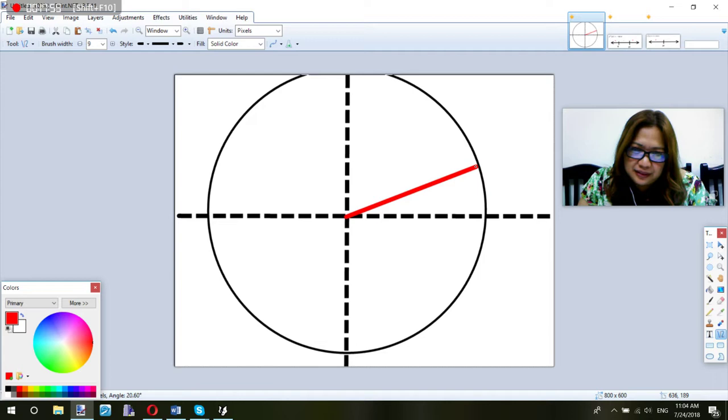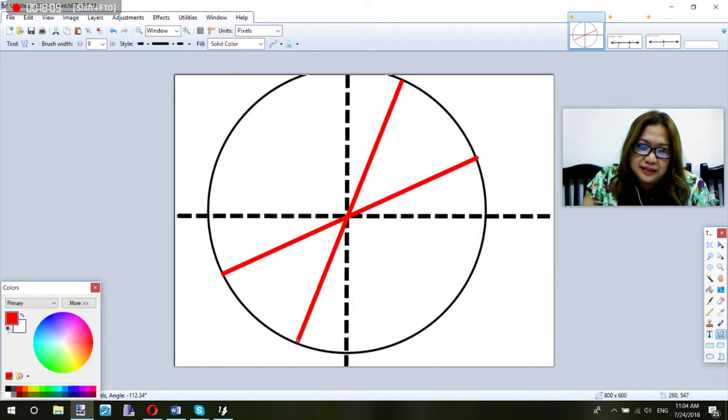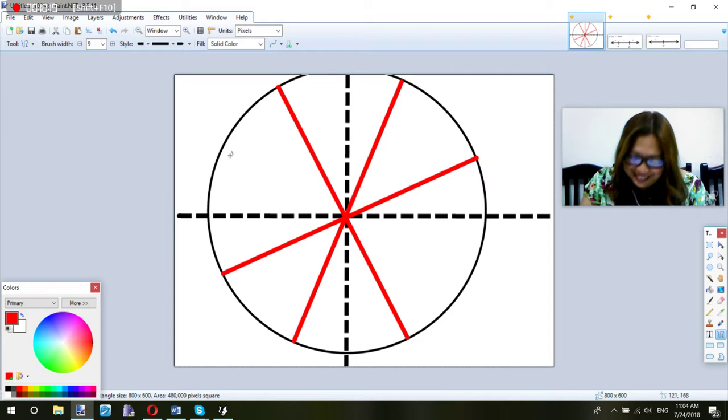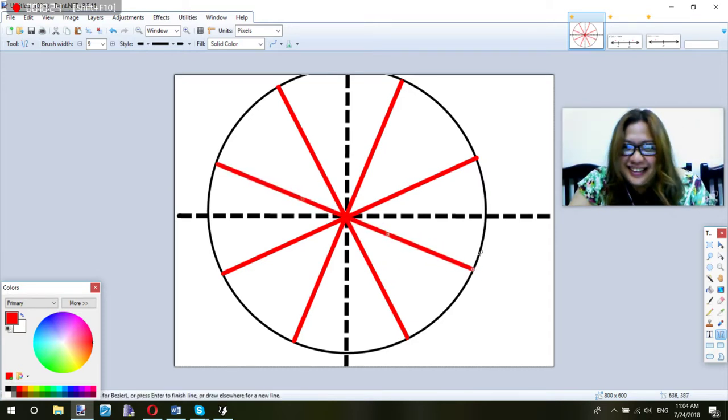I want to split this up 6 ways. So let me do a whole line. Trying to split up this quadrant into roughly equal thirds. It's eyeballing, it's not perfect. So I've got something like this.